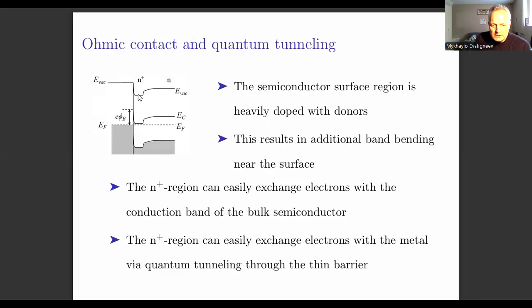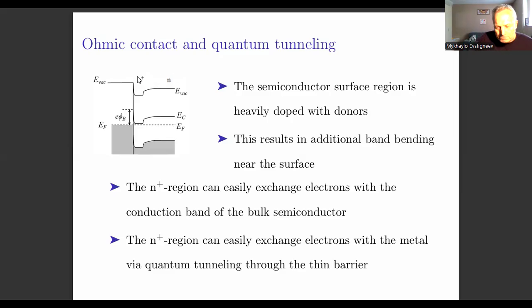So we need to dope to make the semiconductor even more of N-type and plus, that is, we apply very large amount of doping near the interface between the semiconductor and the metal. The semiconductor is highly doped, more heavily doped near the interface than in the bulk. As a result, we have three regions: the metal, the highly doped semiconductor region, and the weakly doped semiconductor region.